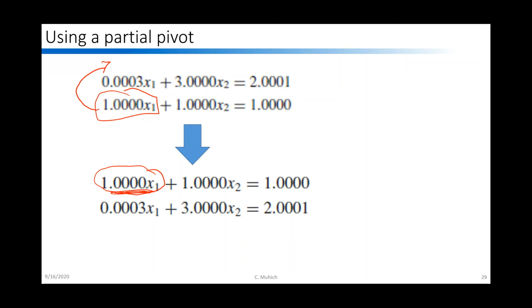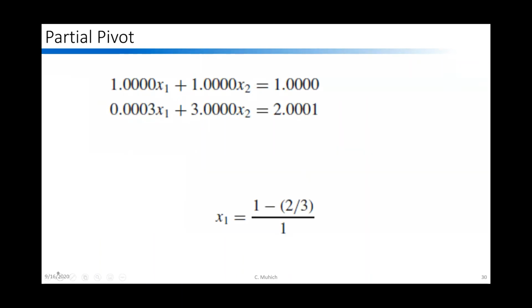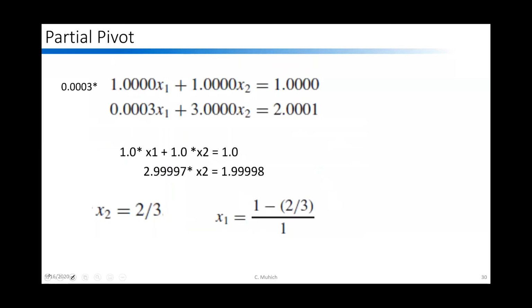So now let's go ahead, redo that exercise maybe a little bit faster and see where we end up. If I multiply through, sorry about my animations, I can take that first row and multiply through by A21 over A11. In this case, that's going to be 0.0003.